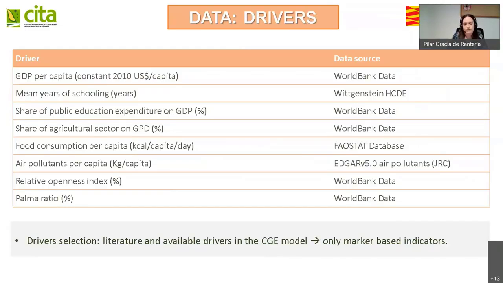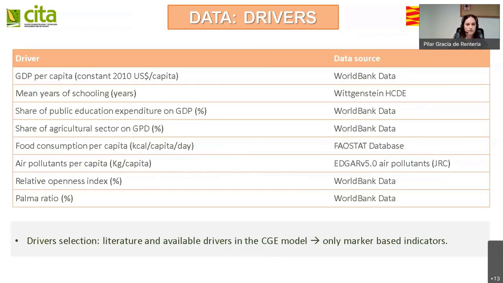For example, although an increase in food consumption could enhance life expectancy, an excessive caloric intake could reduce it. And in a similar way, the literature maintains that life expectancy rises as income grows, but at a declining rate. So these quadratic variables try to capture this effect.